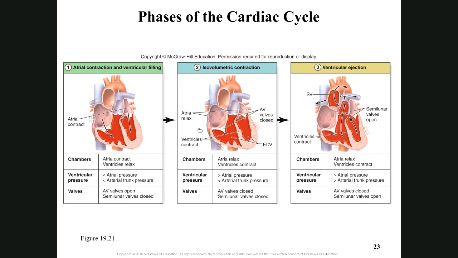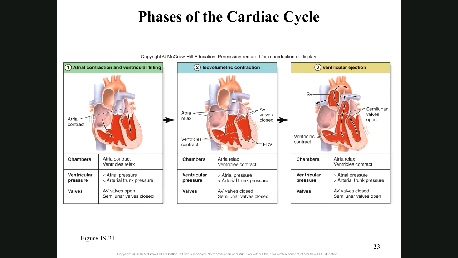In the next step, our atria become relaxed and the ventricle starts going to contraction. The atrial pressure is less than ventricular pressure, but the ventricular pressure at this time is less than the pressure which we have in the pulmonary trunk and aorta.